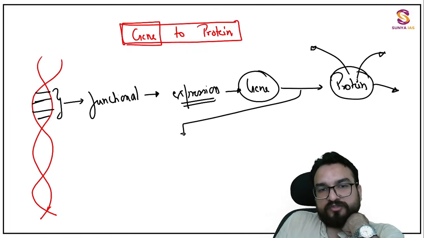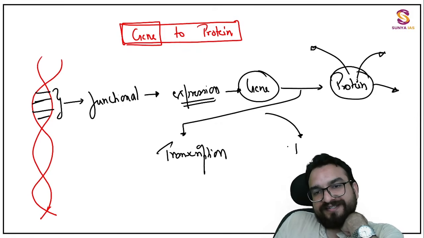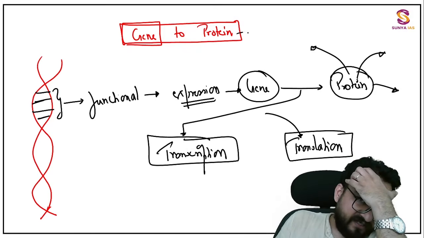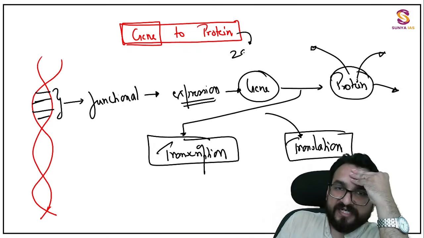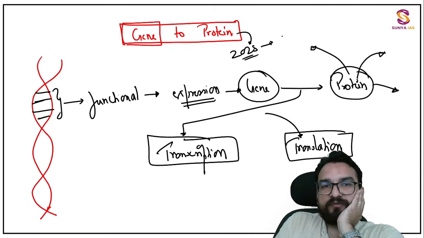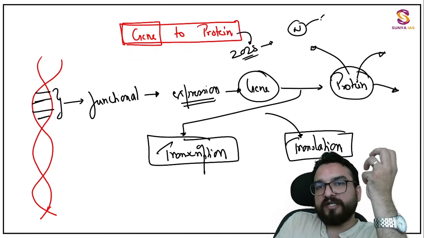This undergoes two processes: one is transcription and one is translation. These two processes happen in the gene to protein process. A very innovative type of question was asked in UPSC Civil Services in 2025, recently. They asked how nitrogen is assimilated or absorbed from the atmosphere.